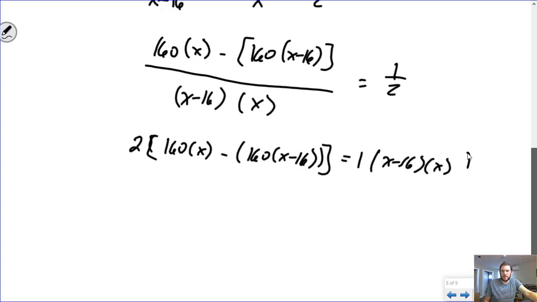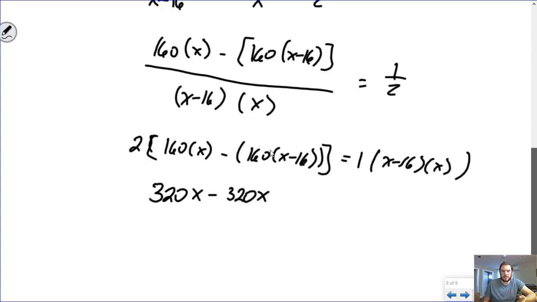Right, so now if I take everything and expand it, and get all of our x's to one side. So 160 times x is 160x, and 160x times 2 is 320x, minus 160 times x times 2 is 320x. 160 times 16 is 2560 times 2, right?